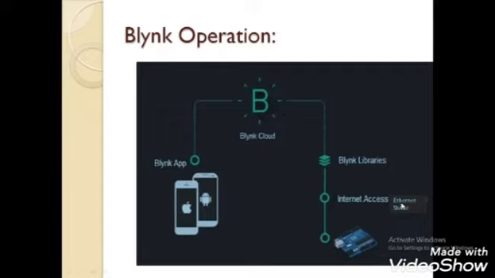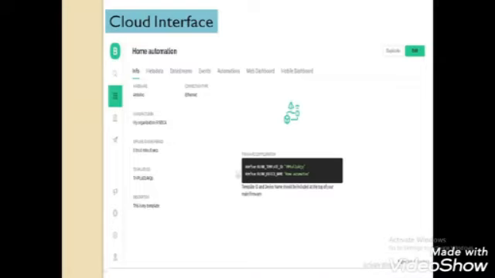We use internet access via Ethernet shield and then giving it to Arduino, and this is the vice versa process from Arduino as well. From Arduino we give the data to Ethernet shield, include Blink libraries in our code, giving it to Blink cloud, and then displaying the values on the Blink IoT app. So this is the cloud interface.